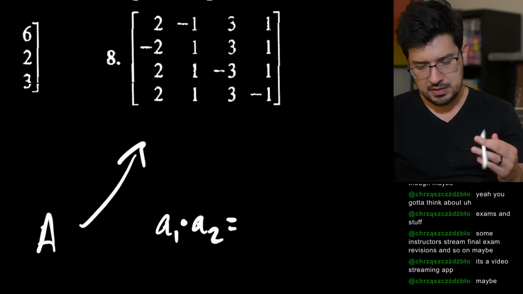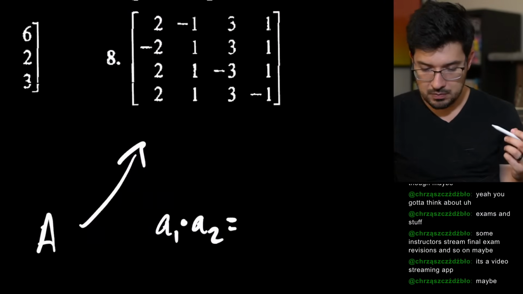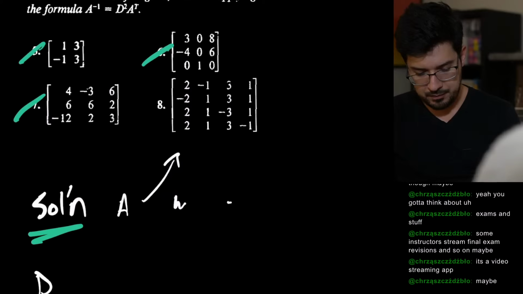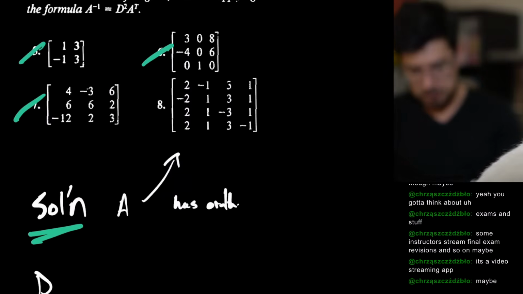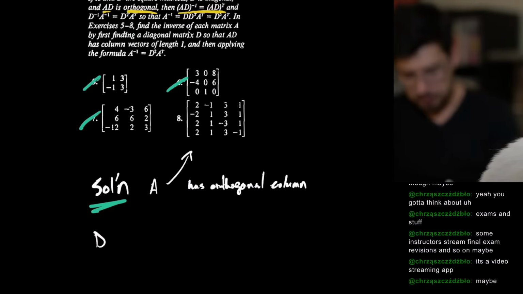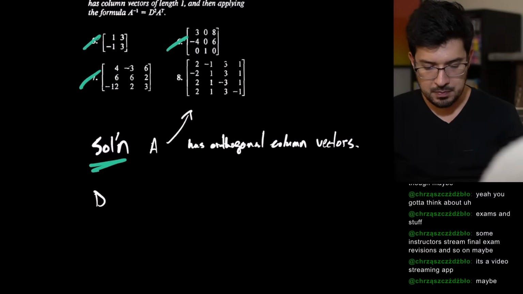I believe I see that A has orthogonal column vectors.